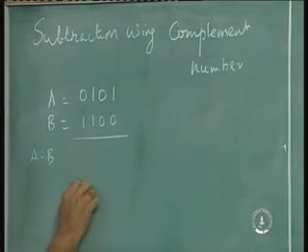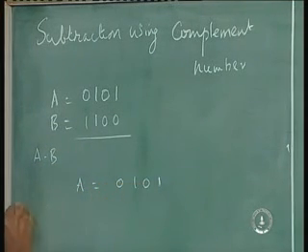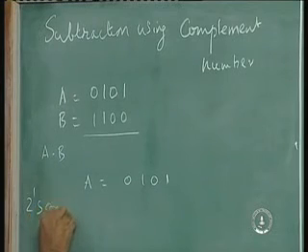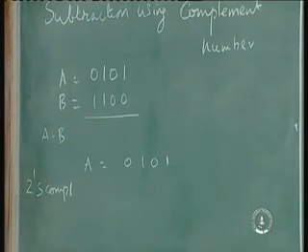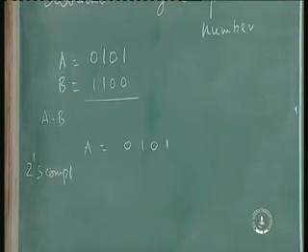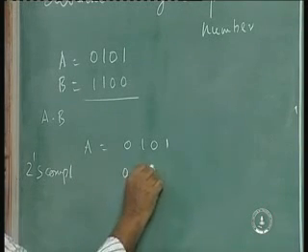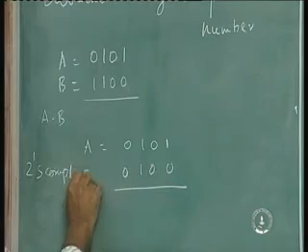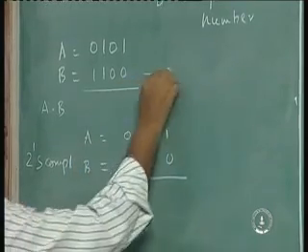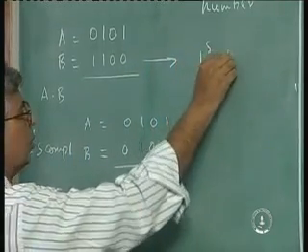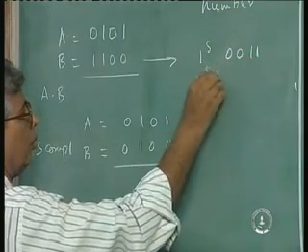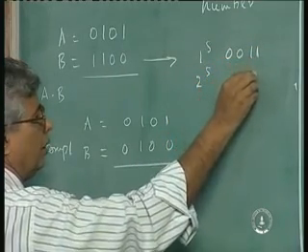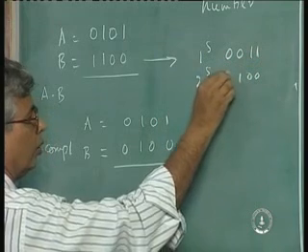So I will do this. A is equal to 0, 1, 0, 1. 2's complement of B. By now you know how to do that. This is 0, 0, 1, 1. To that you have to add 1. So what will be 2's complement of B? 1, 0, 1, 0, 0. Right? That is because 1's complement is 0, 0, 1, 1. 2's complement is add 1, this becomes 0, 0, 1.